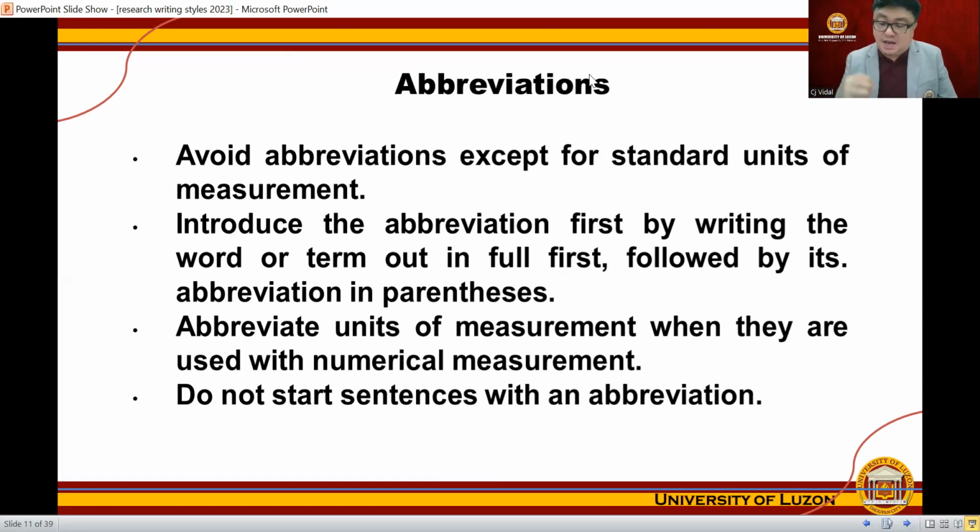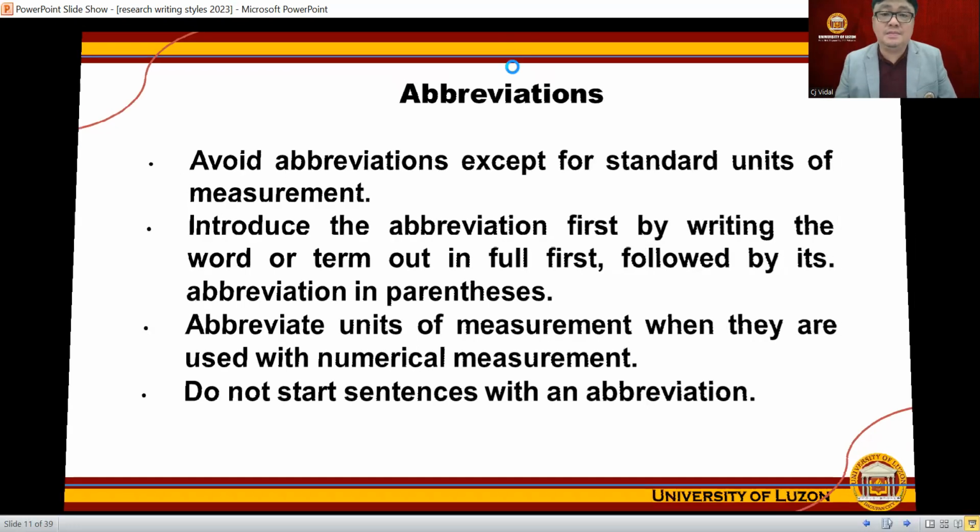For example, meter, kilogram, we do not abbreviate the units of measurement. Also, we do not start sentences with an abbreviation. So that will be for abbreviations.